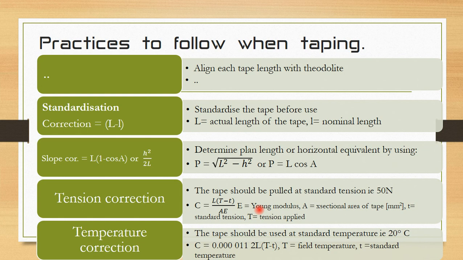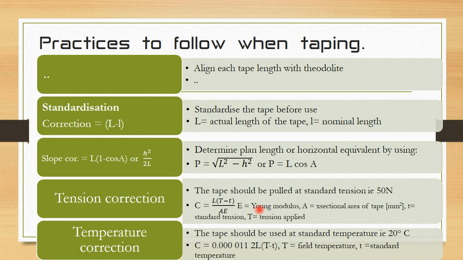So this is what I had for our introduction to traversing. Our next discussion will follow. We will be discussing the types of tapes that we use in traversing, and also the other equipment that are used in traversing to measure the distance.